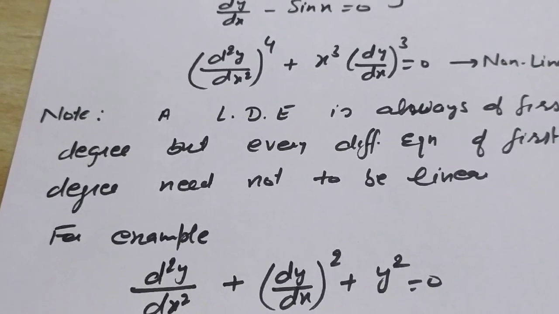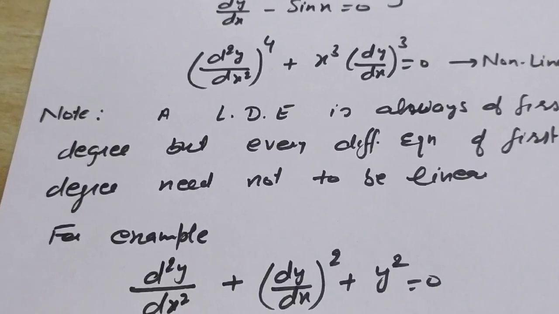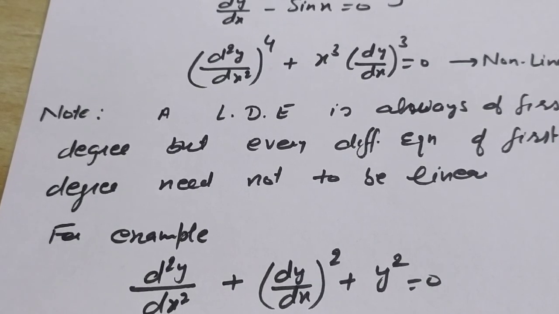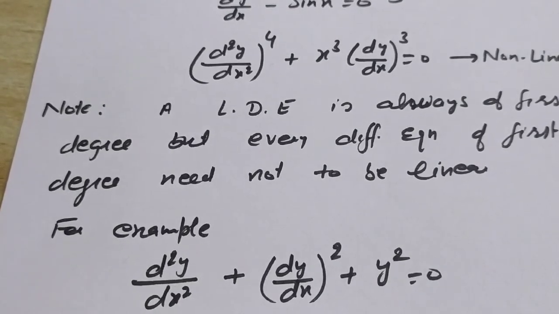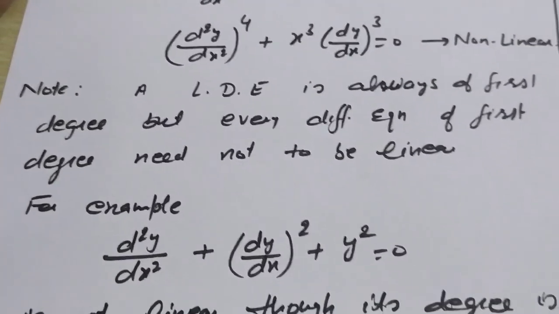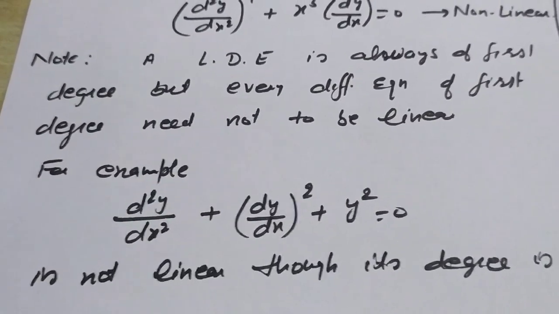So whenever such cases occur in any ordinary differential equation, then you say that that equation is not a linear one. So this is all about the linearity and non-linearity concepts of linear differential equations.